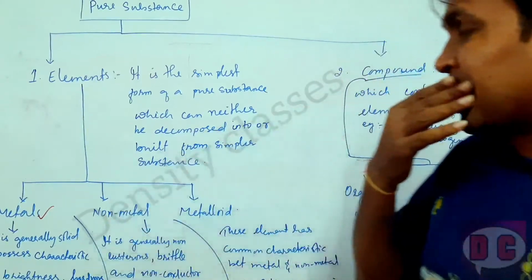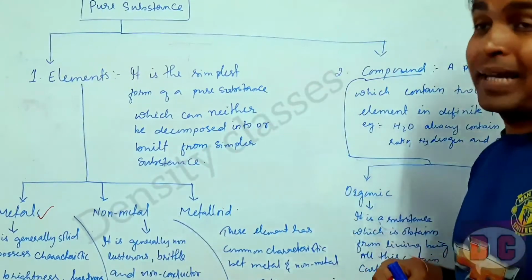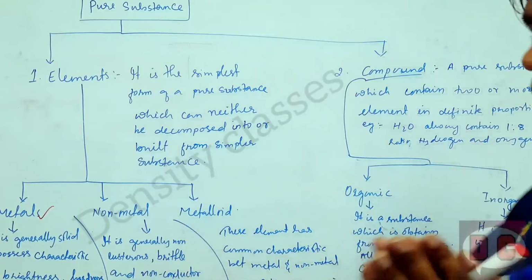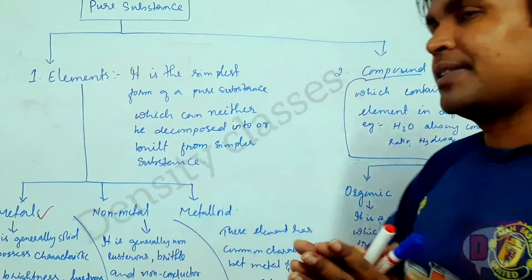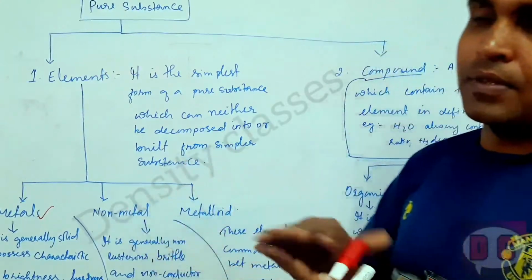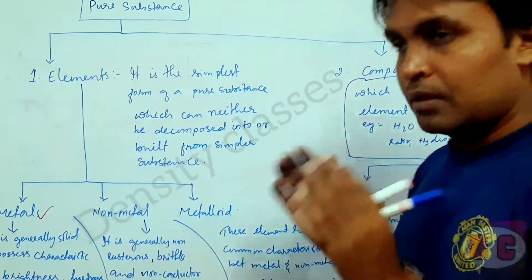The next type of element is non-metal. Non-metals are just the opposite of metals. They are generally non-lustrous; the surface of a non-metal does not shine.